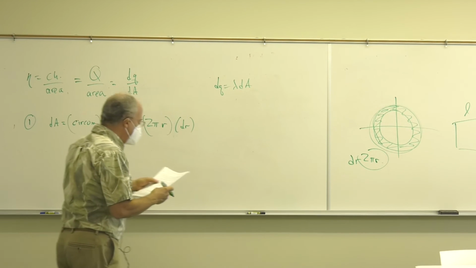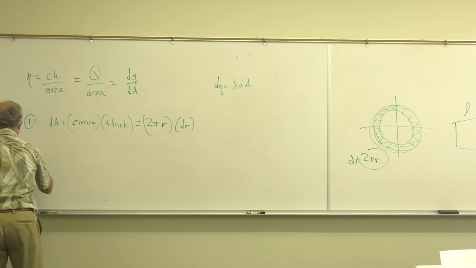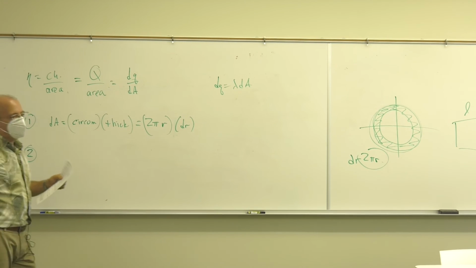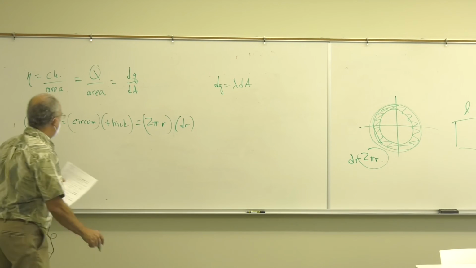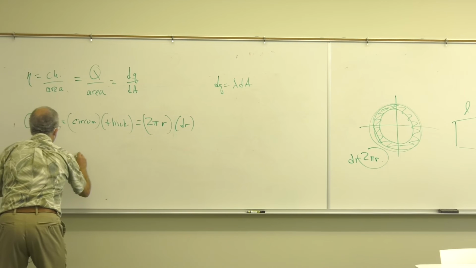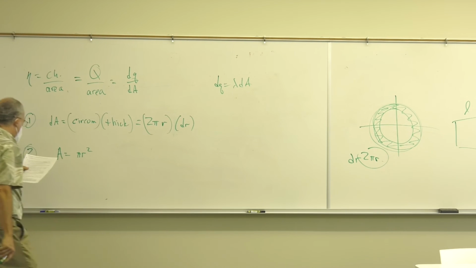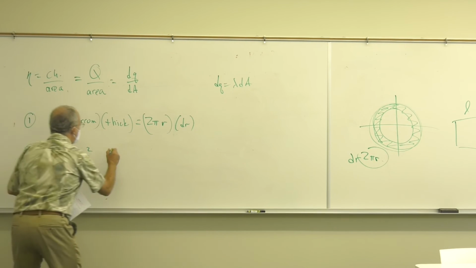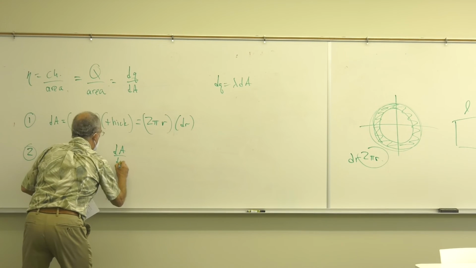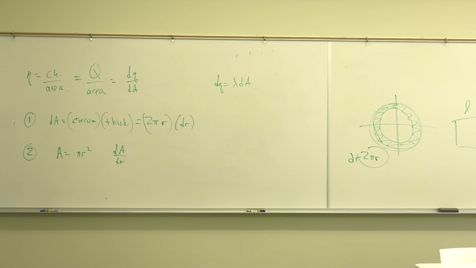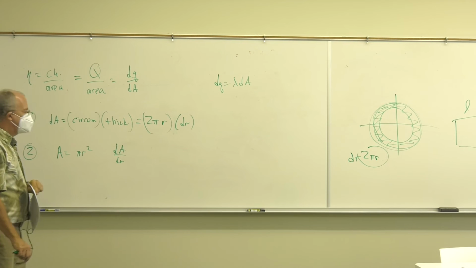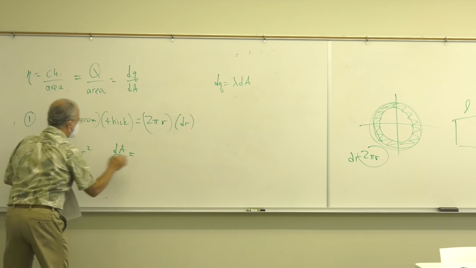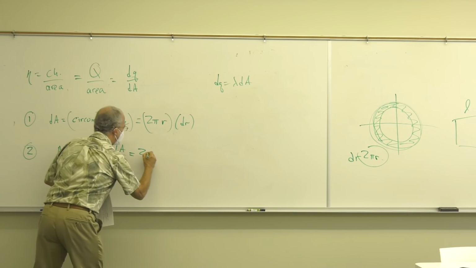Here's a second way to do it. What's the area of a circle? Yeah, the area of a circle is pi r squared, right? So what is dA over dr? It's 2 pi r.